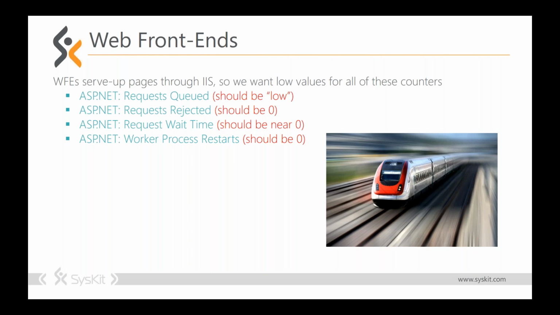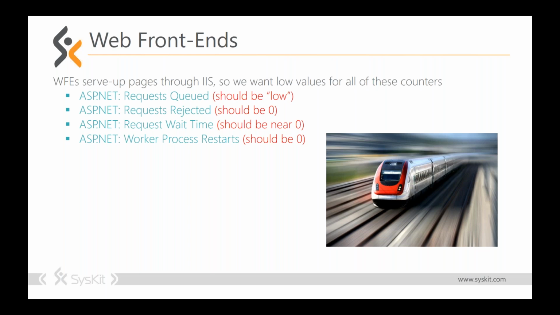Likewise, your worker process should not be restarting out from under you. Now, the worker process will restart if it starts to grow and the automatic restart mechanism determines that it's unhealthy. Worker process restarts at roughly 35 to 40%, I think, memory utilization by default. When your worker process grows above that level, IIS is going to take a look at it and say, hey, we've got to restart this. And so it'll drain and stop requests to the worker process and spin up a new one at the same time.